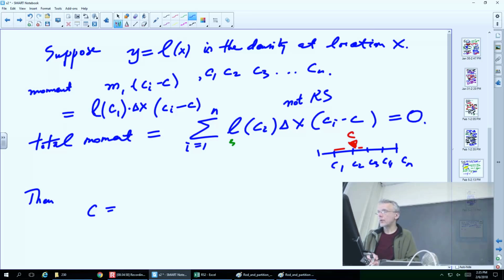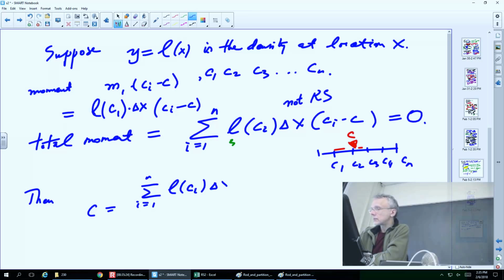Okay, and so then we solve this equation for c just as before, just the equation becomes different because now function L is involved. So in the numerator we have simply our sum of the moments with respect to 0, so L of ci delta x times ci over here, and the denominator is the true Riemann sum of the function itself.